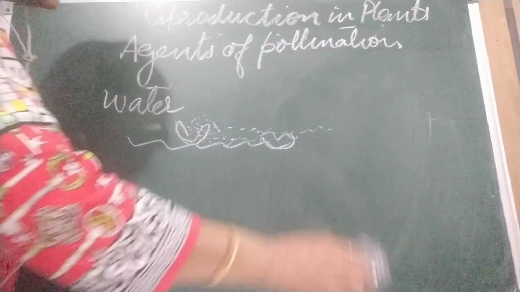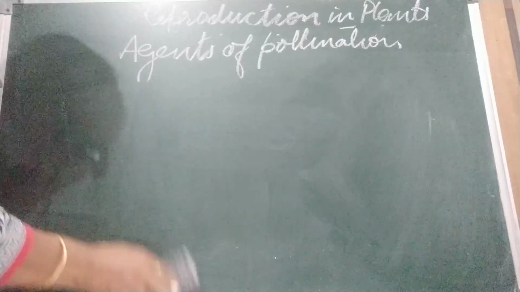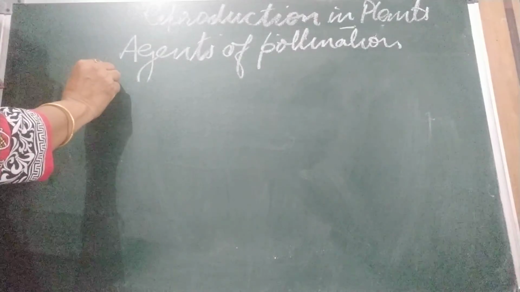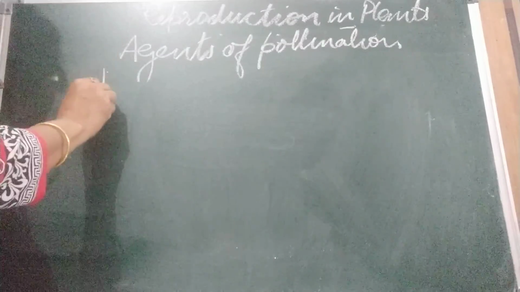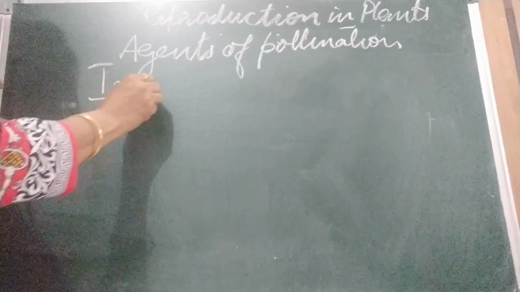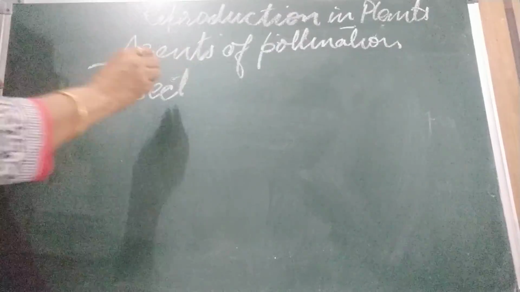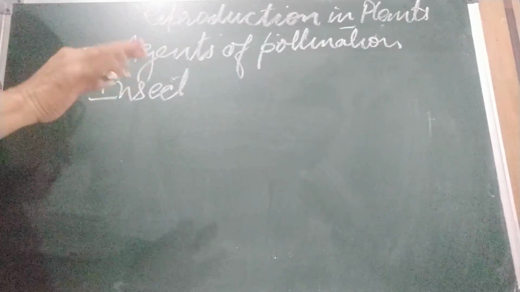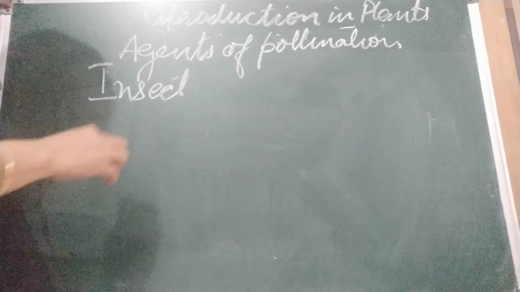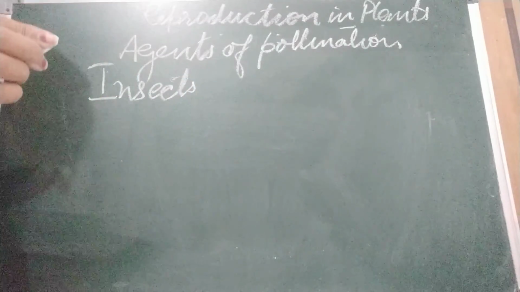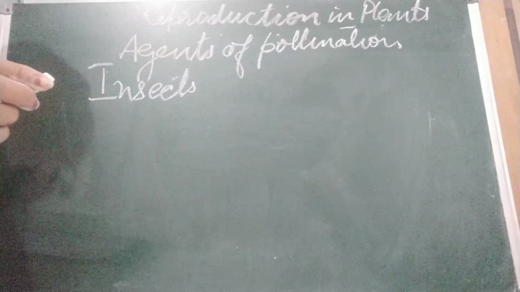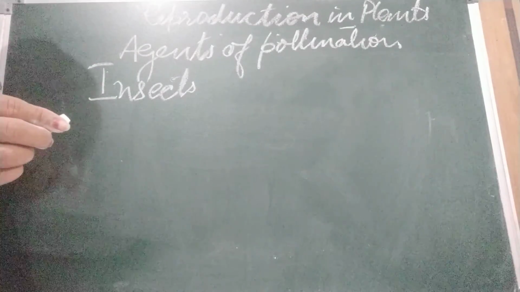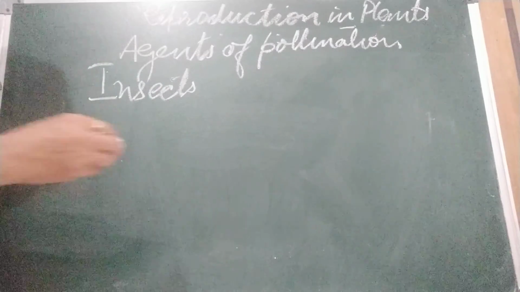Now third is insect pollinated. Many insects visit flowers for nectar, and during the process some pollen grains stick to them.